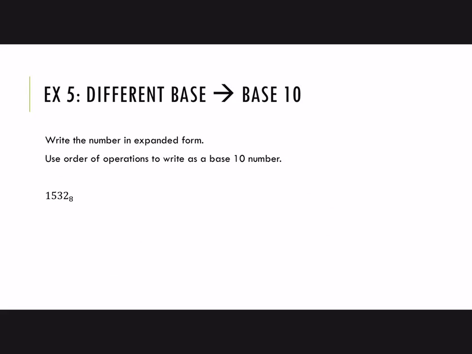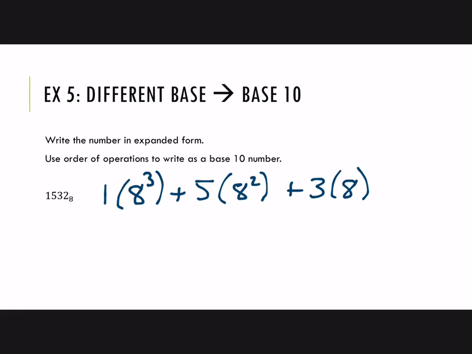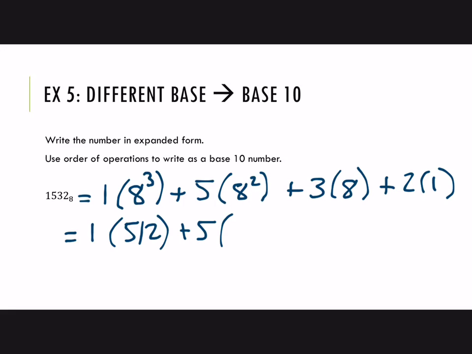Base 8, 1532. This is one group of 8 cubed, 5 groups of 8 squared, 3 groups of 8, and 2 groups of 1. Alright, so one group of 8 cubed is 512. 5 groups of 8 squared, 8 squared is 64.